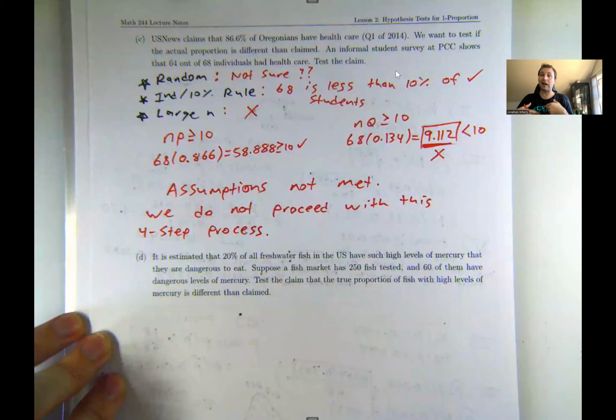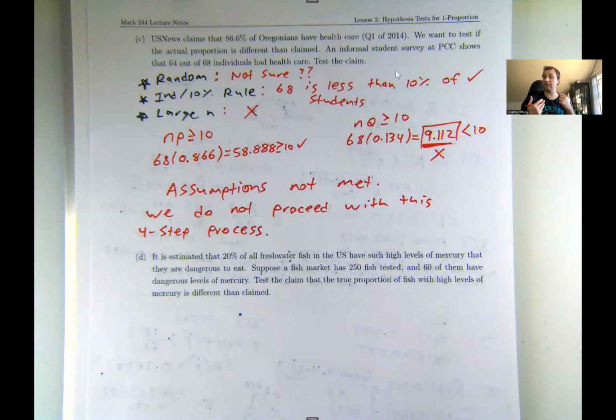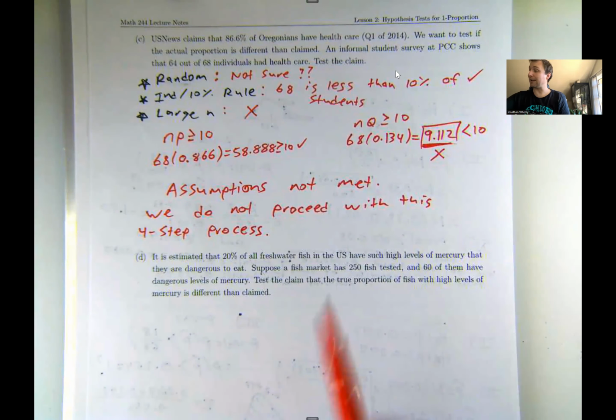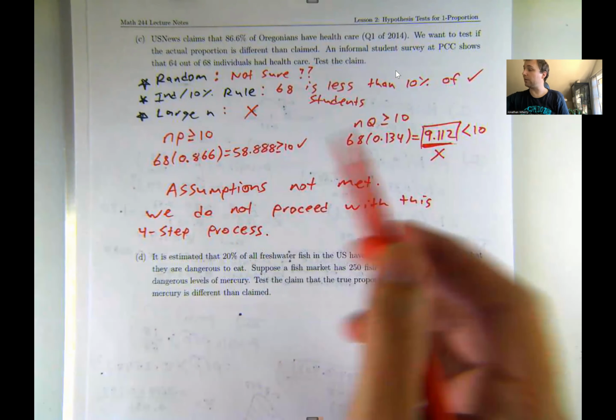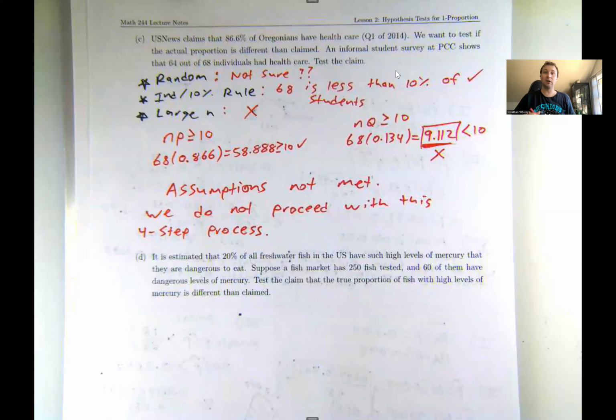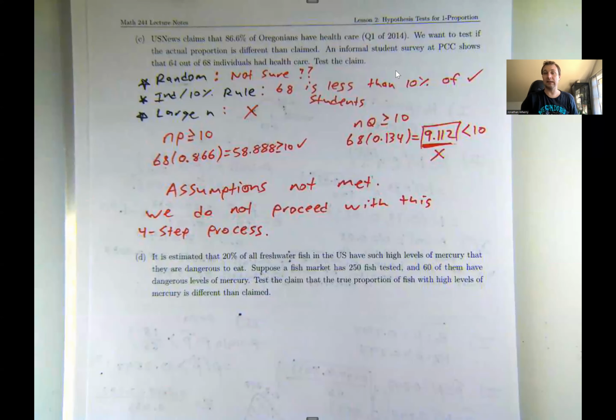Now, on homework, you might be asked to go through those steps to still find the z-score and the p-value, to practice finding the z-score and the p-value. But in practice, when you find that your assumptions are not met, you should not continue doing the analysis.